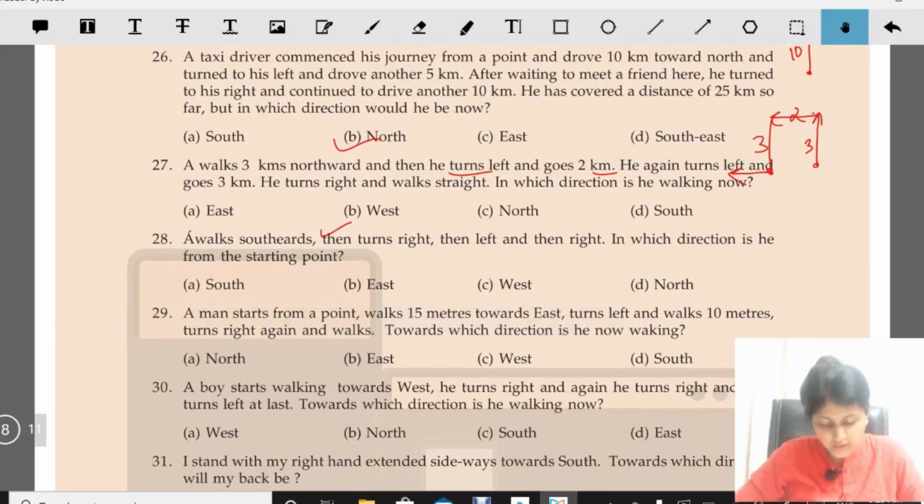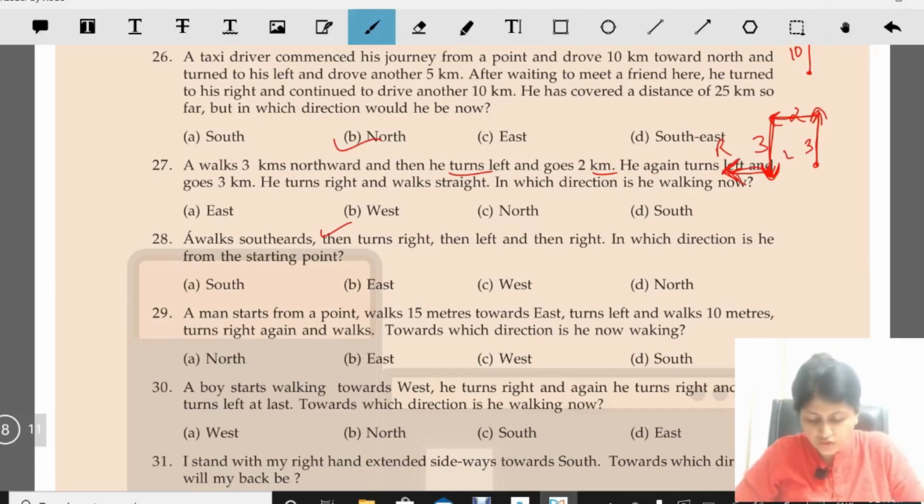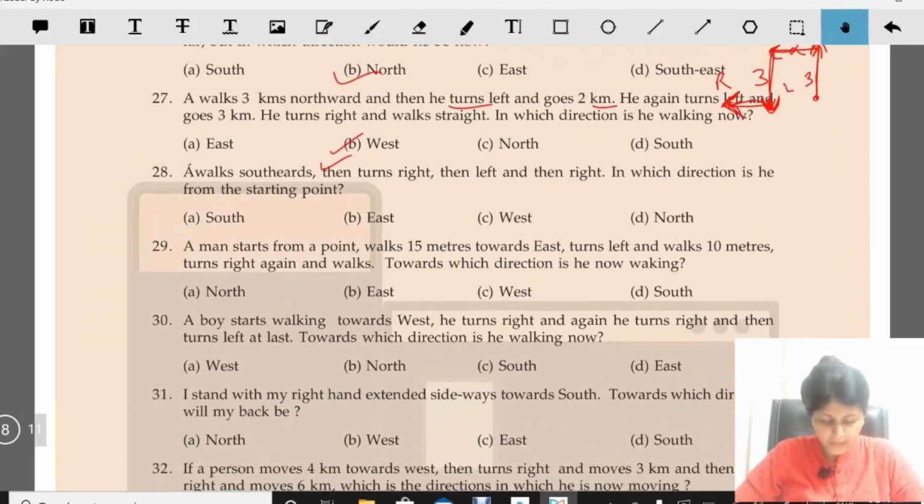A walks 3 kilometers northward and then turns to left and goes 2 kilometers. He turns left and goes 3 kilometers. Okay, so this is right and this is left. He turns right and walks straight. In which direction is he walking now? He's walking towards west. Okay.